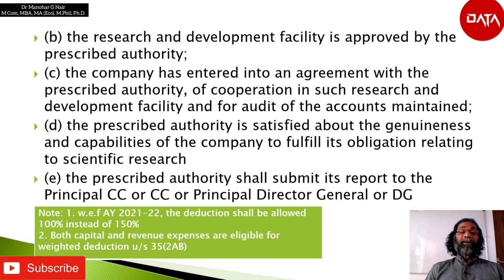So here we have to add one note. With effect from the assessment year 2021-22, the deduction shall be allowed at 100% instead of 150%. Similarly, both capital and revenue expenditure are eligible for weighted deduction under section 35(2AB).